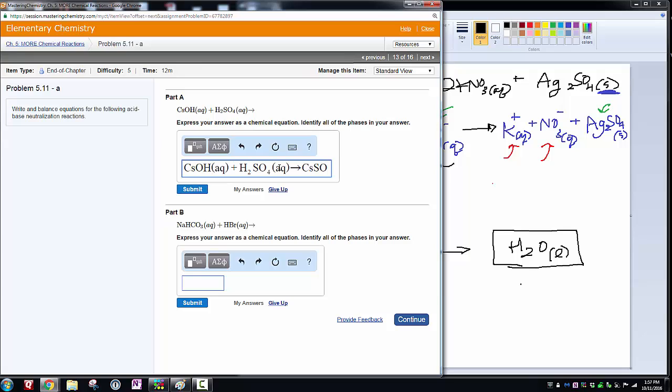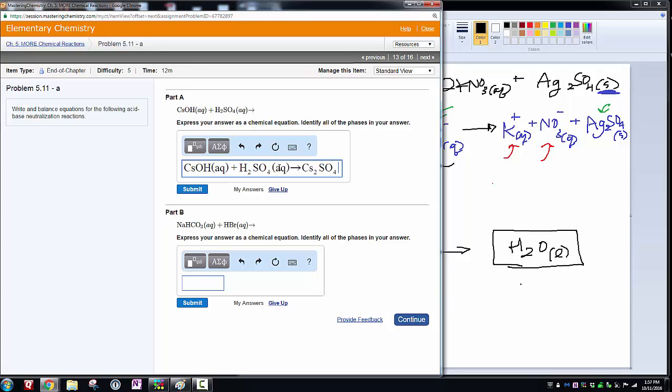Now, I'm not done with that because I have to remember cesium's in group 1. It has a charge of +1 by definition. Sulfate is a polyatomic ion with a charge of -2 by definition. So I have to have 2 cesiums to cancel out the charge that will be contributed from the sulfate in order to have the right equation for the cesium sulfate.